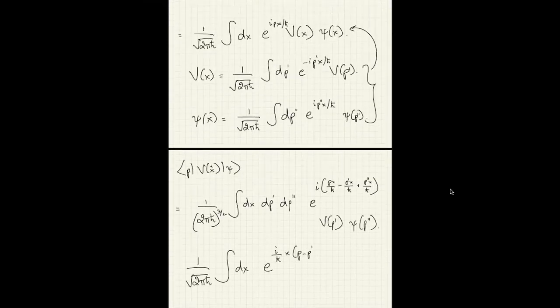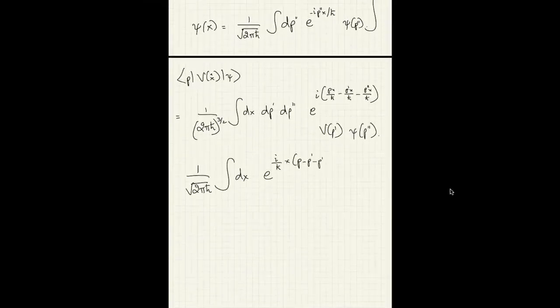Sorry, this should also be minus because they have this exact same Fourier transforms. So this is a minus and this is a minus, minus p double prime, is nothing but a delta function. This is delta of p minus p prime minus p double prime, because remember that 1 over square root of 2 pi h bar integral e to the i px dx is delta p.